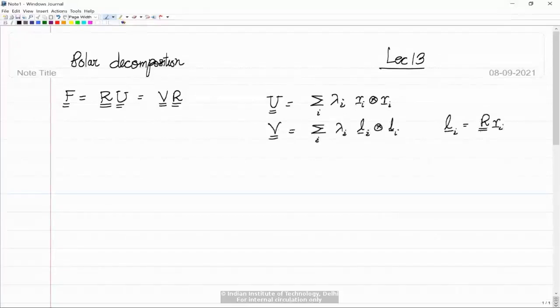Okay, and we also saw the physical meaning of these two decompositions.